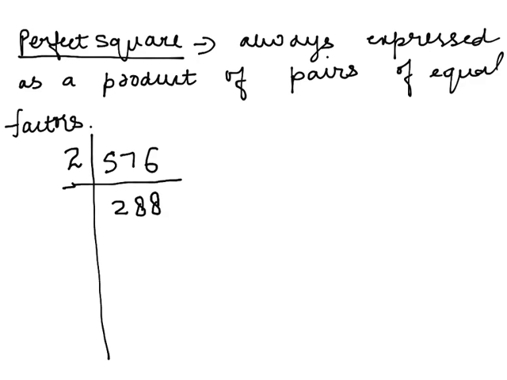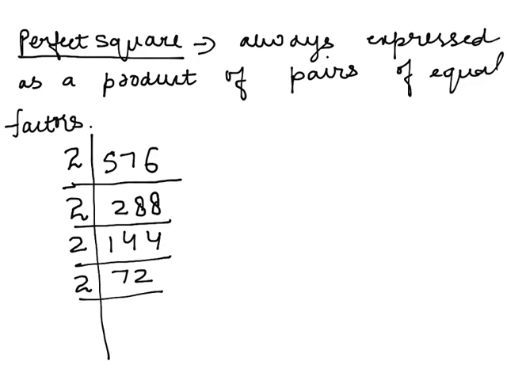When we divide 576 by 2, we get 288 as the quotient. Obviously the remainder will be 0. Then 2 again, because again it's an even number, then we will get 144. Again it's an even number, so again we divide by 2, then we get 72.